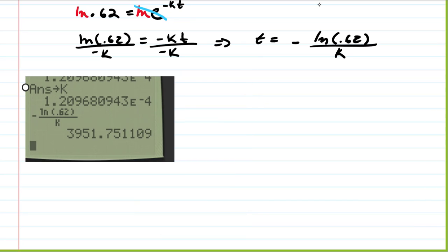So we get that t would be about 3,950 years, or round to the appropriate thing. So the bone, give or take, is about 4,000 years old, if it has 62% of its carbon-14 left.